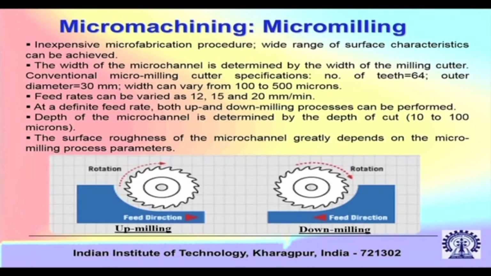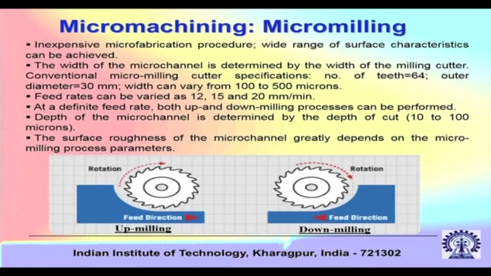Number of teeth 64, outer diameter 30 millimeter, width can vary from 100 to 500 microns. Nowadays we are getting width even less than that. So 100 to 500 microns channels very easily we can make using these, and feed rates can be varied as 12, 15 and 20 millimeter per minute using this particular system that we are having in our lab.